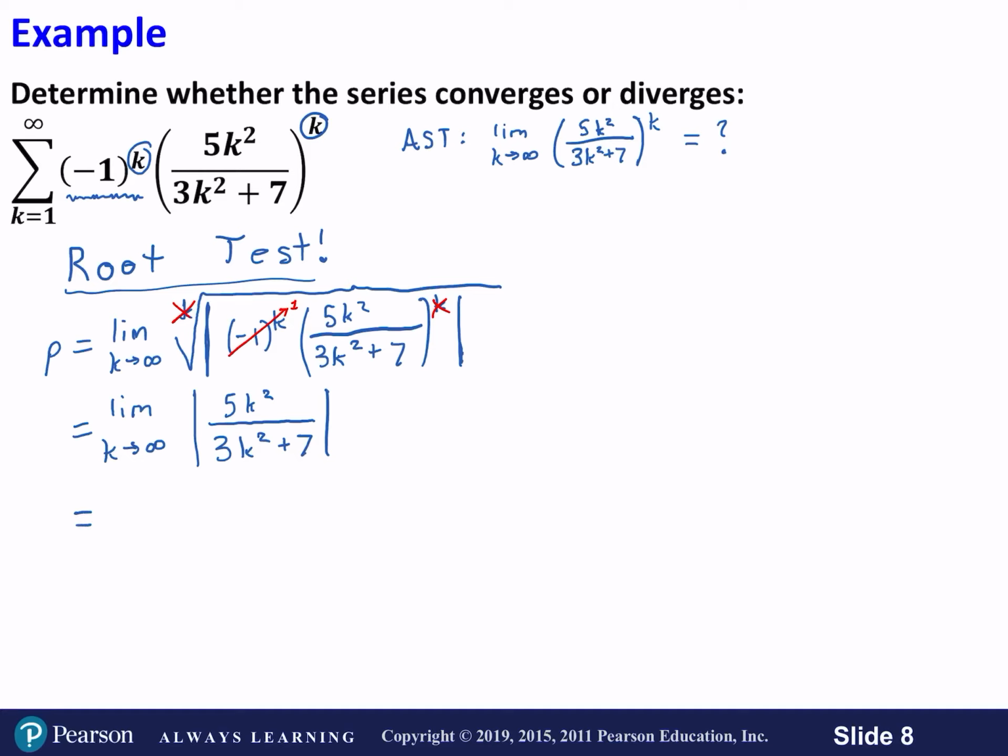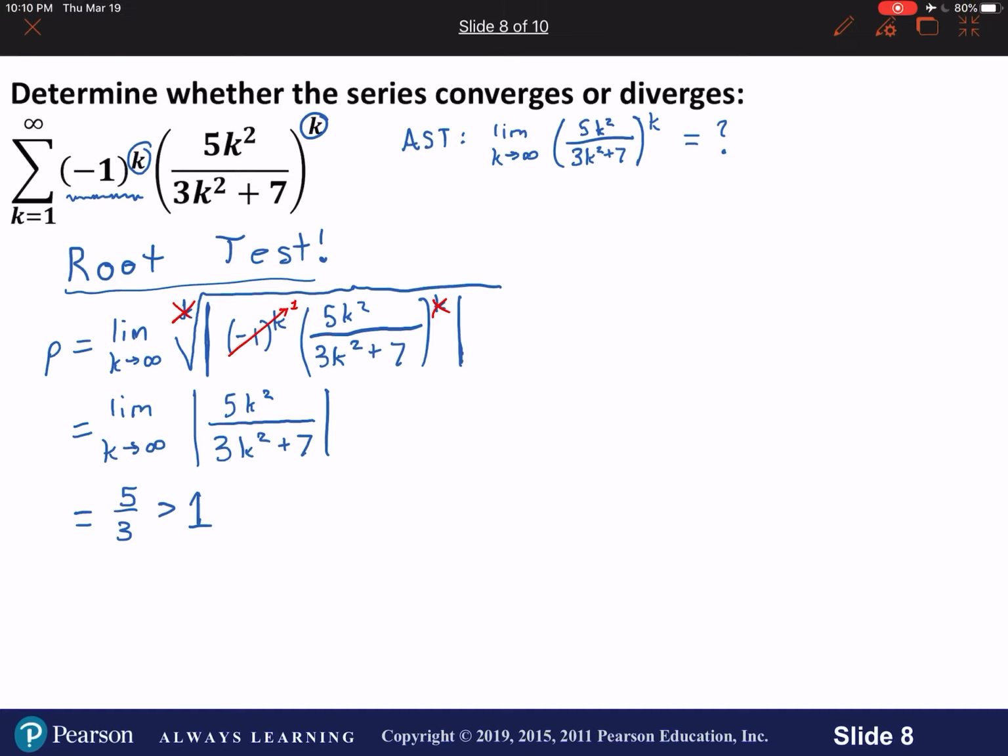But I don't need to. One thing I notice is that this limit has a numerator with degree 2 and a denominator with degree 2. Since those are the same, we consider the ratio of those coefficients, and in this case, that is 5/3. So, since 5/3 is greater than 1, this must diverge. So let's write that down.